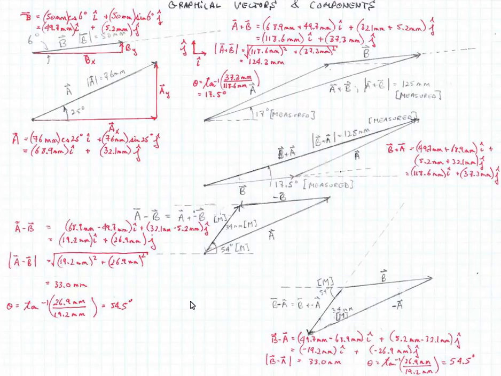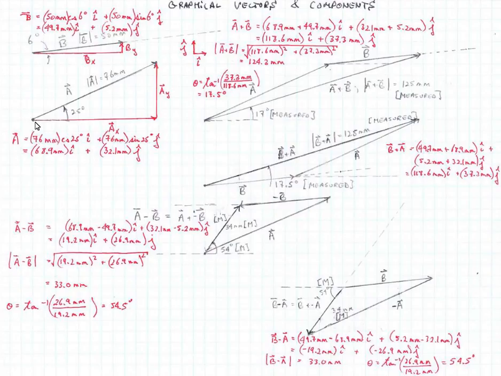So graphical vectors are an excellent way to attack a problem conceptually and set it up. But we want also to be able to do things with precision, and in order to do that we generally use vector components.